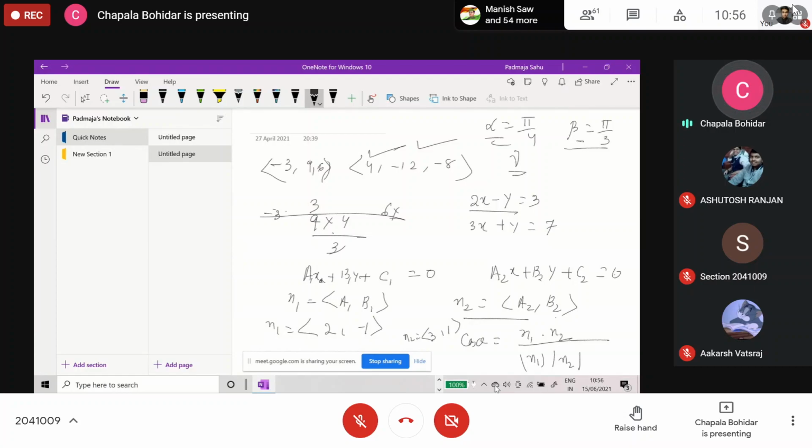So cross product: the absolute value of A cross B is the area of the parallelogram.